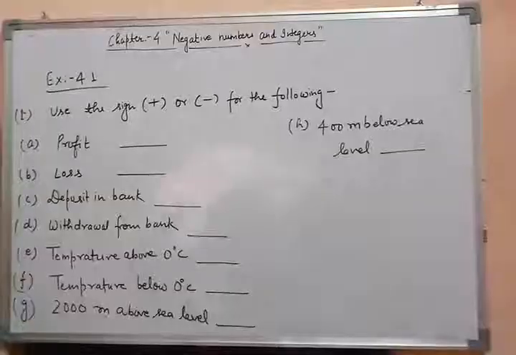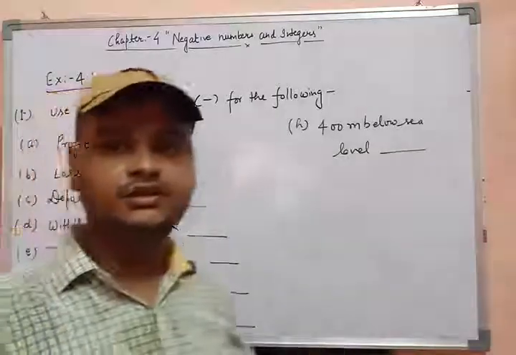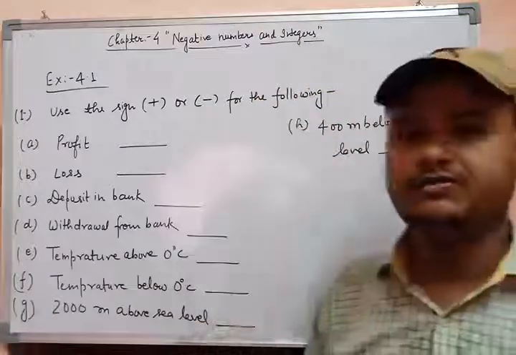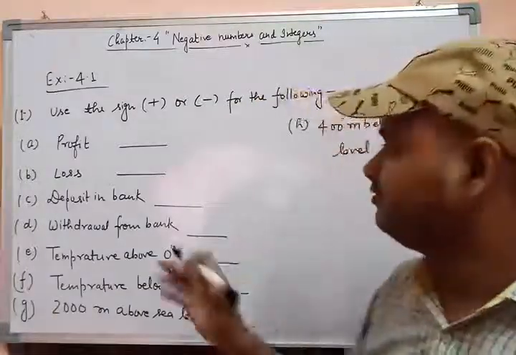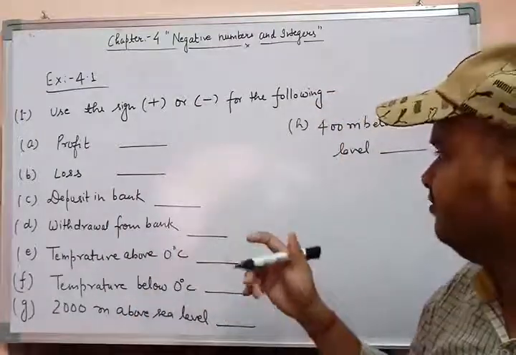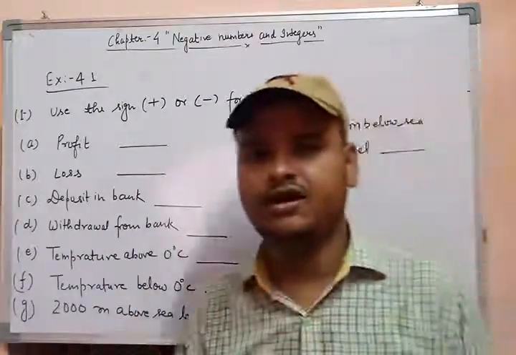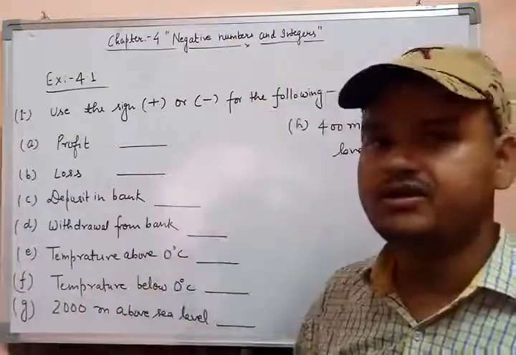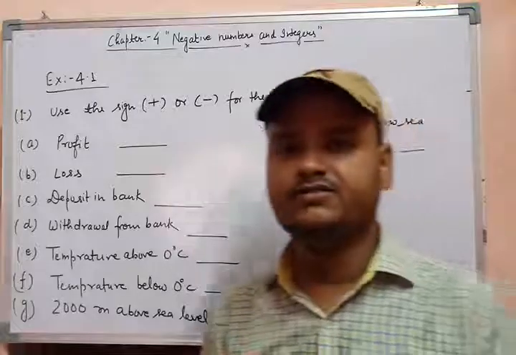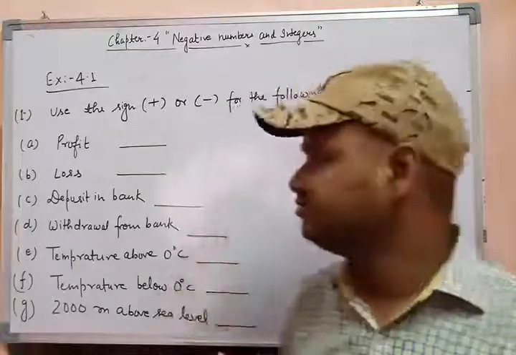screenshot. Now students, this is the question of exercise 4.1, that you have to use the sign plus or minus for the following. So students, these are some important situations which are used in our daily life. So where are plus or minus to be used?